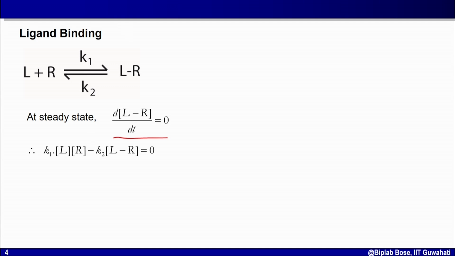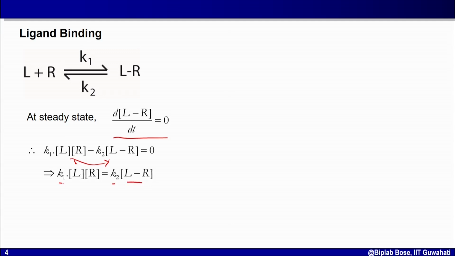By the ordinary differential equation I just wrote in the last slide, I can write K1 [L][R] minus K2 [LR] should be equal to 0. Rearranging these terms, I can write K1 [L][R] is equal to K2 [LR], where [LR] is the concentration of the complex.